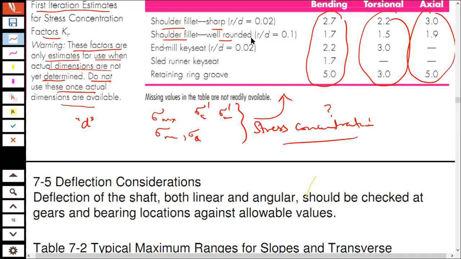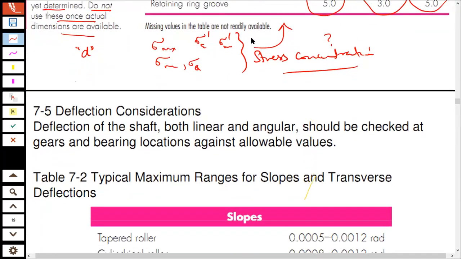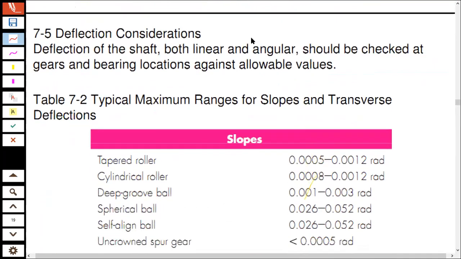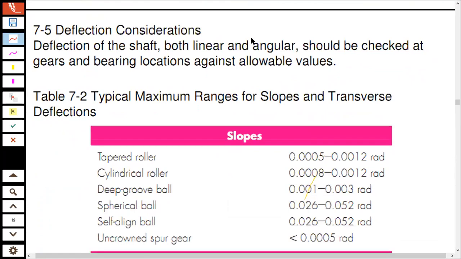The next thing to consider in shaft design is the deflection considerations. Okay. When there is a shaft, no wonder that you are going to support this shaft with the help of bearings. We already studied bearings in the previous semester.